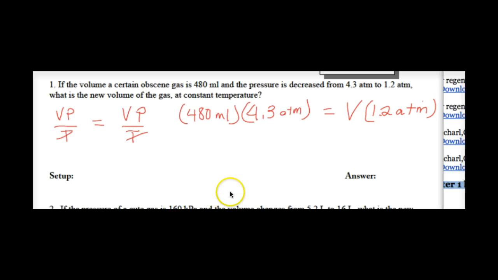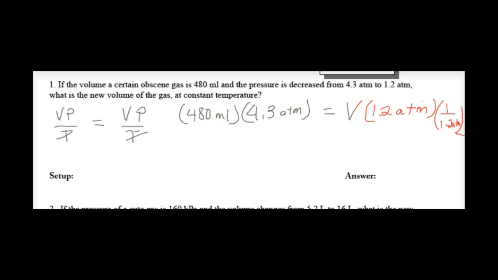Okay, so let's do some of the algebra that's necessary. So we're going to get rid of what is on the right side of the equation. And a way to do that is to multiply by 1 over 1.2 atmospheres. And whatever you do to the one side, you do to the other side.